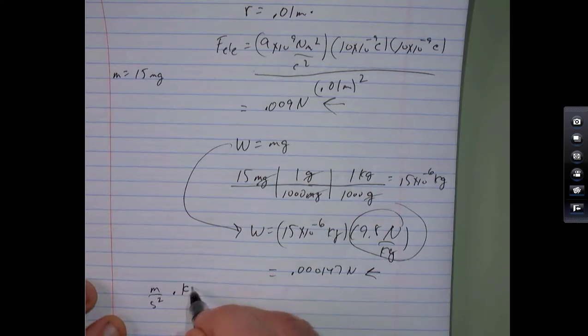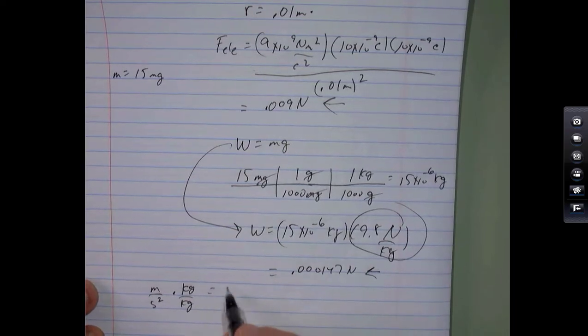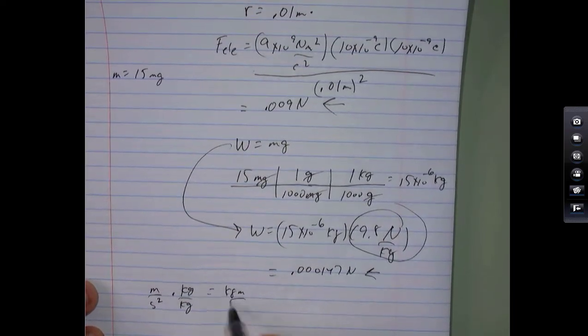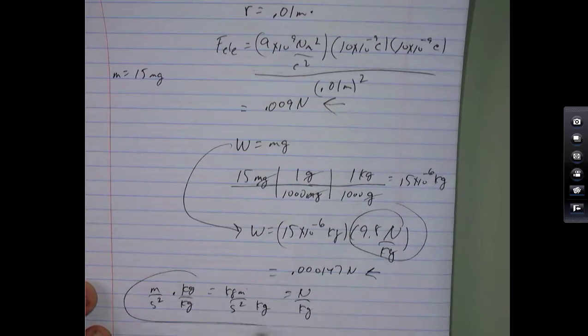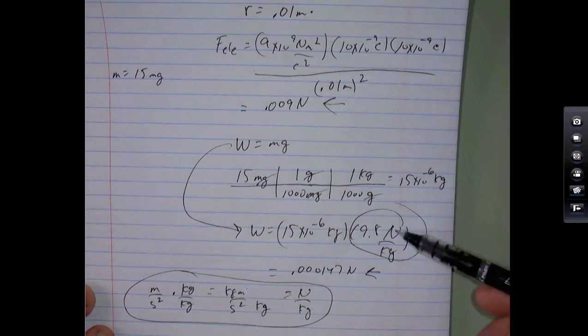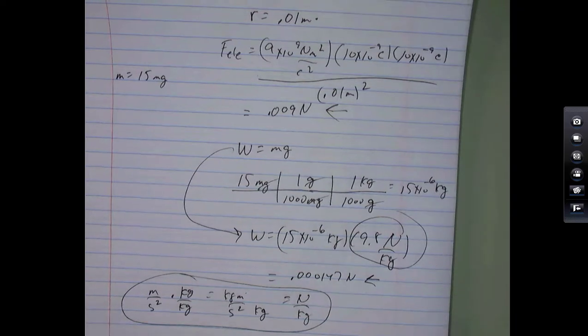But if I multiply the top and bottom by kilograms, which I can do, that's just like multiplying by 1, I get kilogram meters per second squared, and then I still have another kilogram here. So I've just rearranged this. Kilogram meter per second squared per kilogram. A kilogram meter per second squared is a newton. So really, we were doing this all last semester. We thought about it as acceleration due to gravity, but it's also the strength of the Earth's gravitational field, newtons per kilogram. All right, pretty cool.